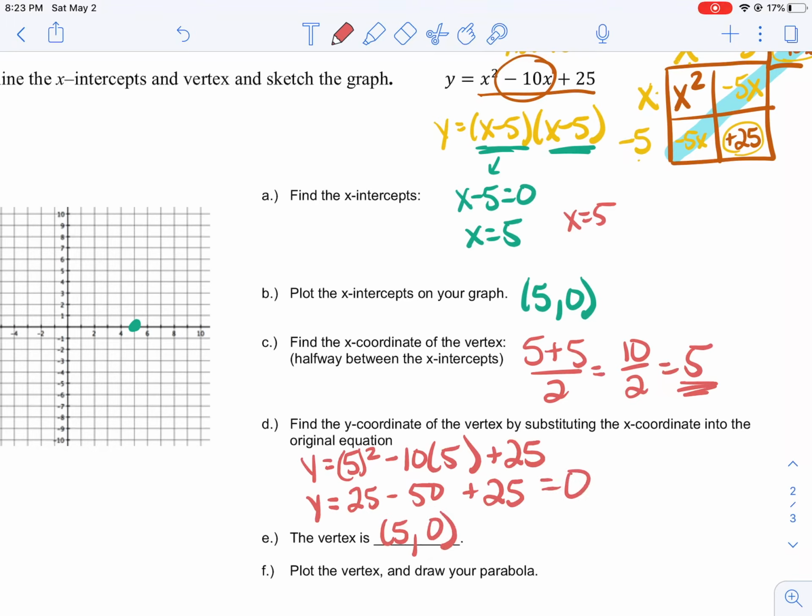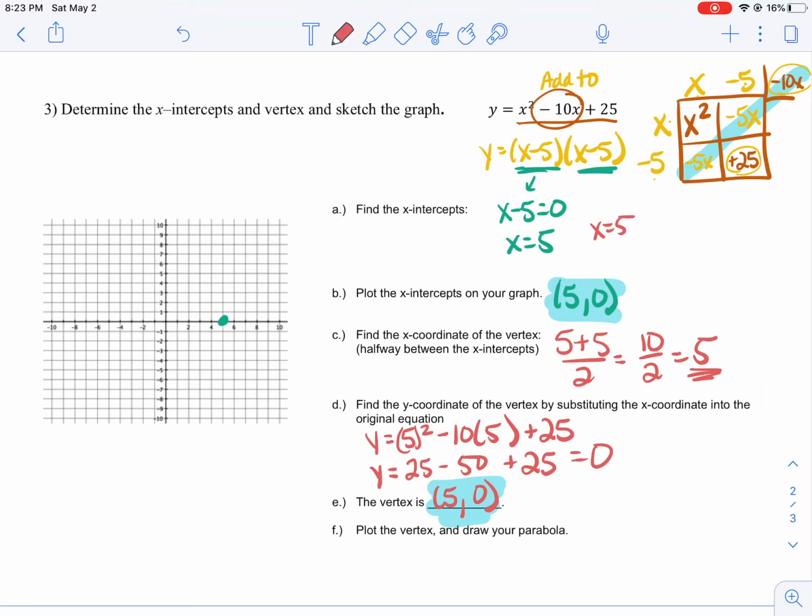So your vertex and your x-intercepts are the same. So now you have to see, does it open up or down? You have to ask yourself that.